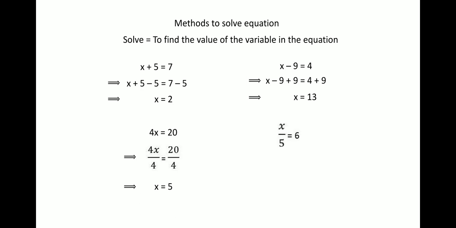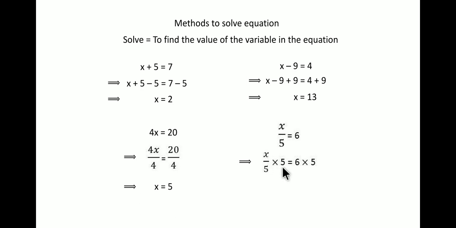Next, if the two terms are getting divided, over here x is being divided by 5. Okay, x is getting divided by 5, which is equal to 6. In order to get rid of this 5 in the denominator, what we will do is we will multiply this fraction x by 5 with 5, so that this 5 and 5 cancel and we get x.